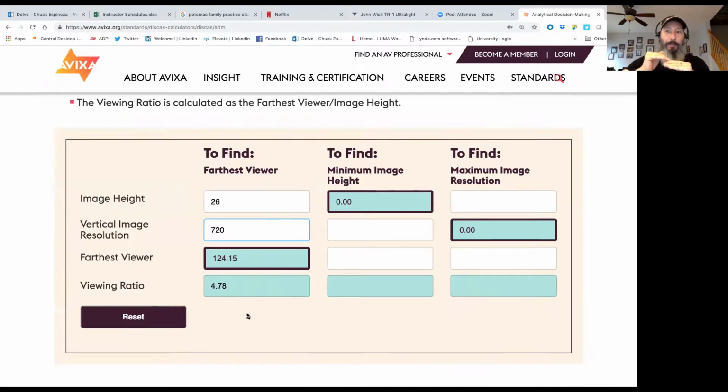If I cram fewer pixels, my pixels are bigger. That means in a pixel on pixel comparison, the pixels are just bigger, so I can go back further. I won't be able to see as much real estate. 1920 by 1080 versus 1280 by 720, I won't be able to see as much of the picture. I'll be zoomed in more on the picture.